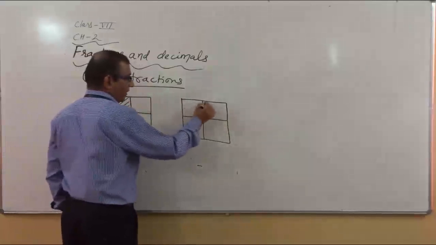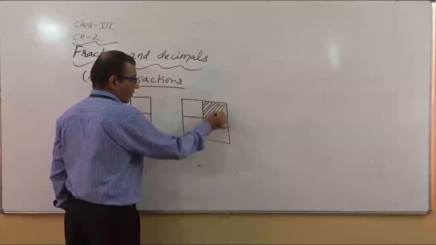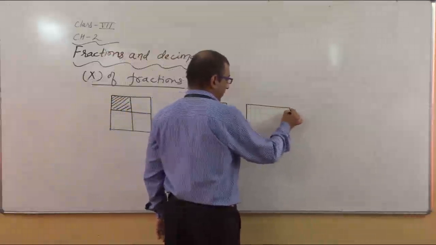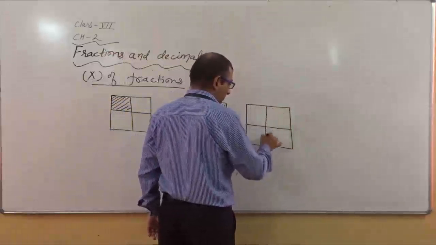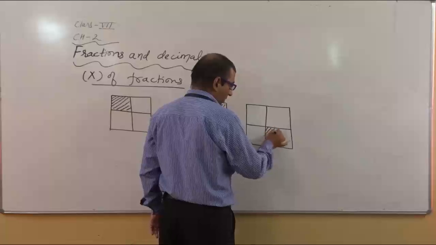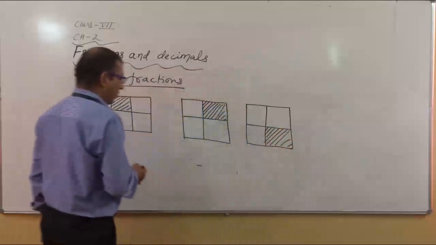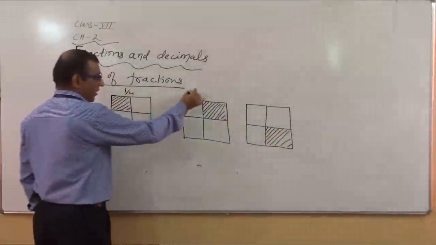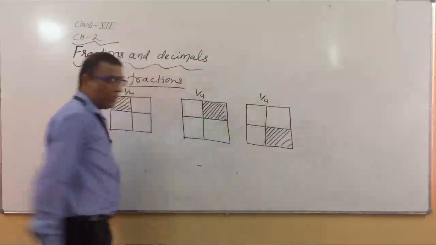In the second square, the second box is shaded, and then we take one more square, and here the third box is shaded. So if you see all these squares, it is related with 1 upon 4, also 1 upon 4, also 1 upon 4.